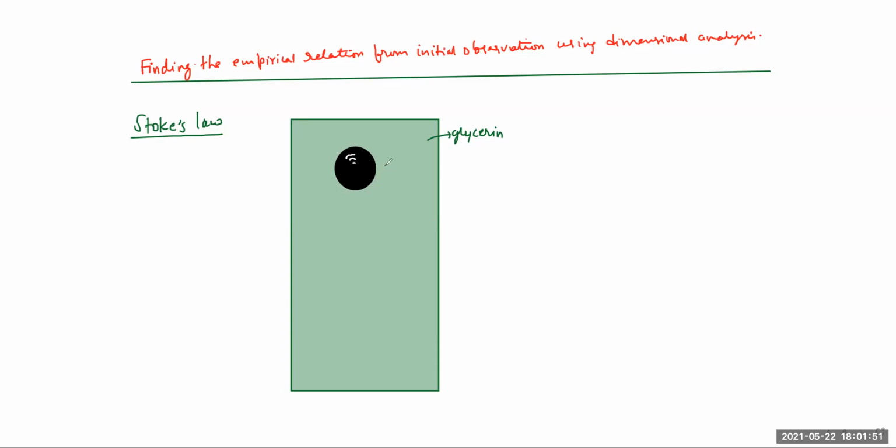But what was very important is that Stokes observed that after some time the ball stopped accelerating. It means after some time the velocity became constant. It was falling down and down, but with a fixed velocity. And in physics, we say that is terminal velocity, and it has huge application, be it the flow of various platelets or the RBC in our blood, various bacteria in the body fluid.